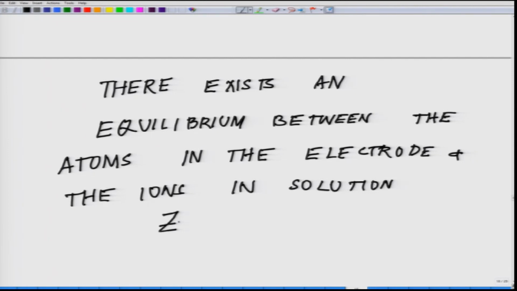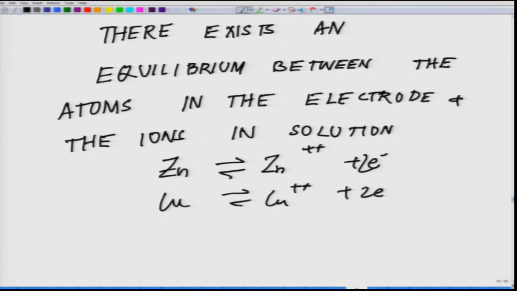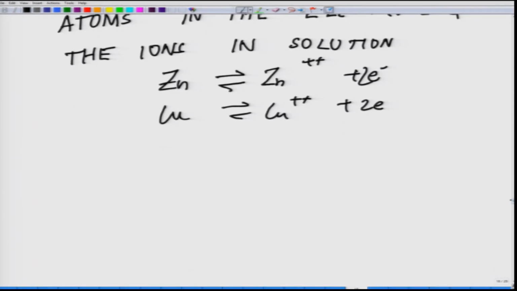Here is zinc and Zn2+ plus 2 electrons, which it gives out, whereas copper sitting here is Cu2+ plus 2 electrons. But here you have to realize that zinc has a greater tendency to ionize than copper.